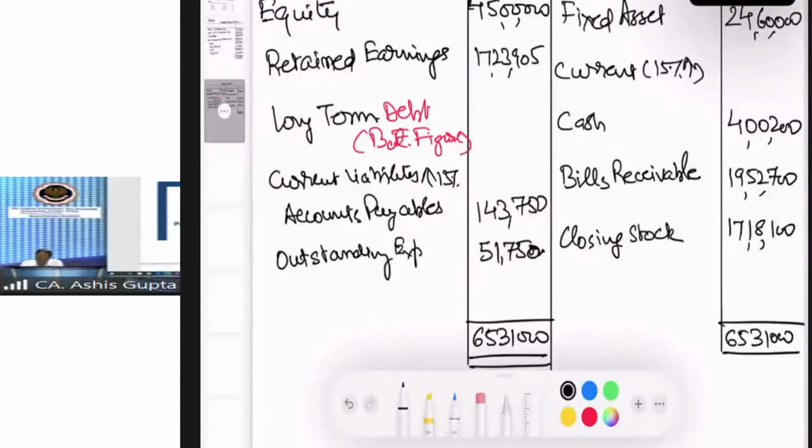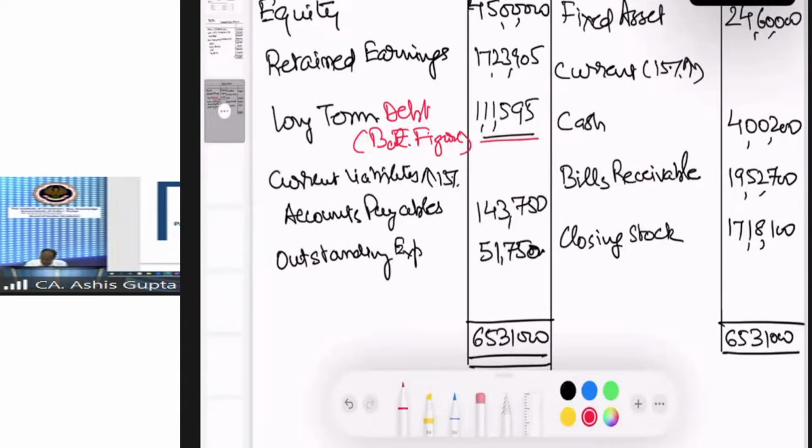Let me try again on the calculator. Very good, Namrata, very good. You have got the correct value, 1,11,595. So here it is a balancing figure.